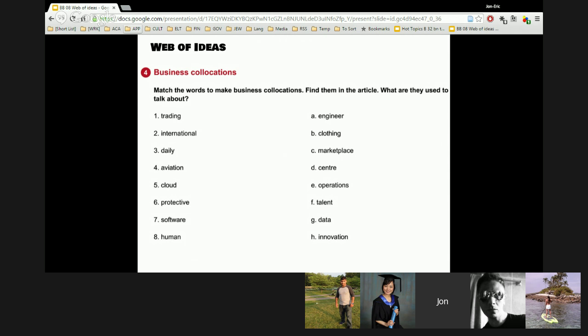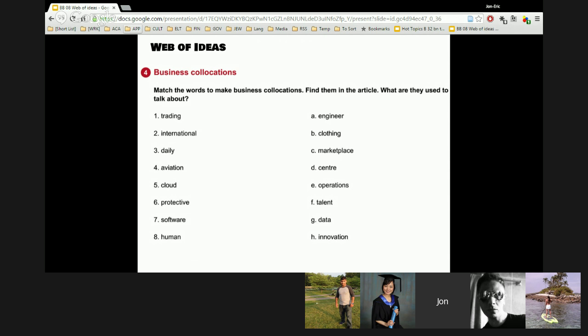Daily innovation? Well, companies don't innovate every day, but they do operate every day. Yeah, it's operations. So number 3 would be the daily operations of a company. And this was used to talk about business in the Burj Khalifa skyscraper in Dubai. That's where it came up in the article.